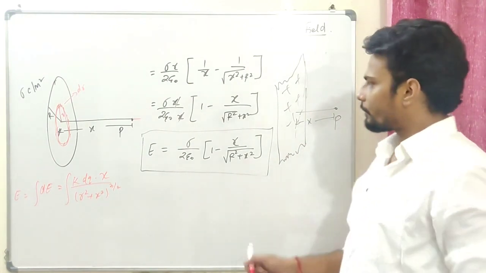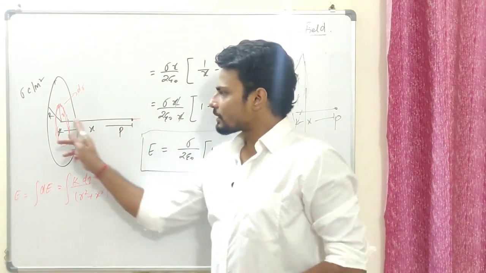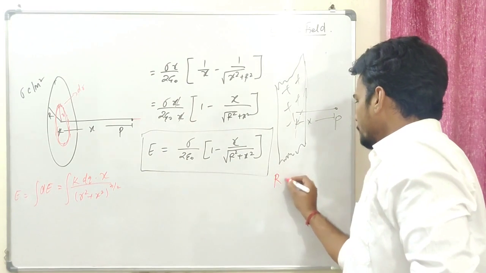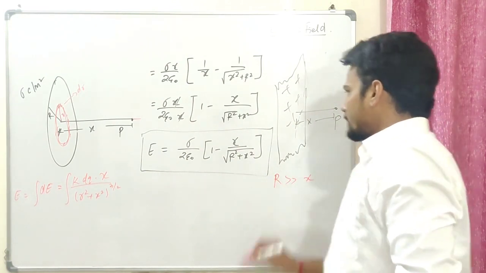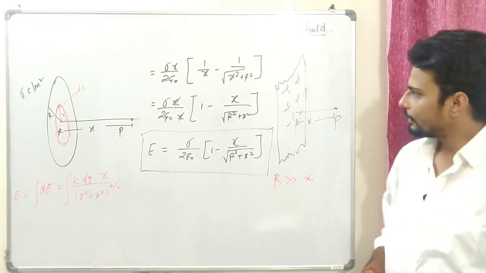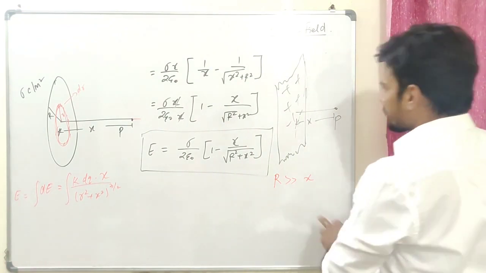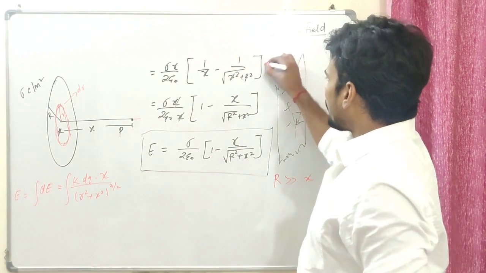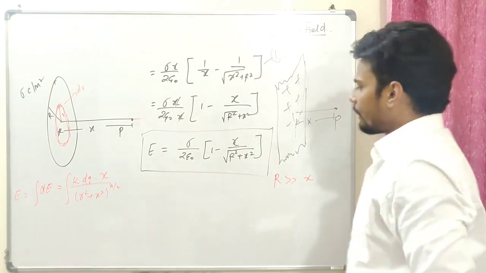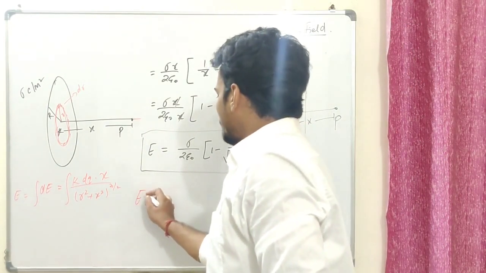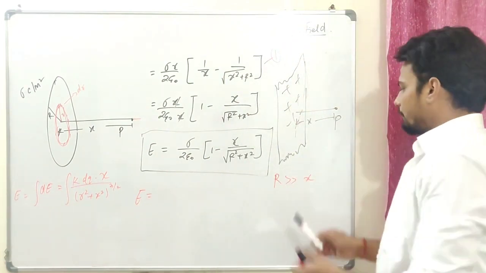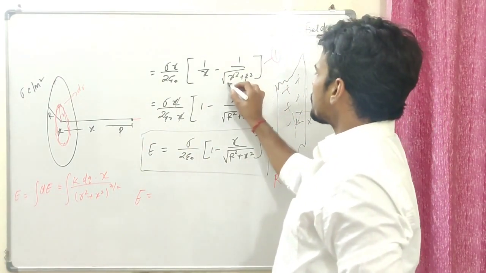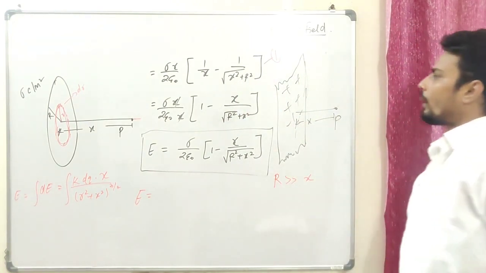Well guys, what happens over here, if this x becomes closer to this disk, this r becomes very big compared to x, isn't it? Right? So let me just use this part over here. Let me just say I'm using this equation 1. So E becomes equal to, if r is quite greater than x, then this part becomes nothing but 1 by r square.